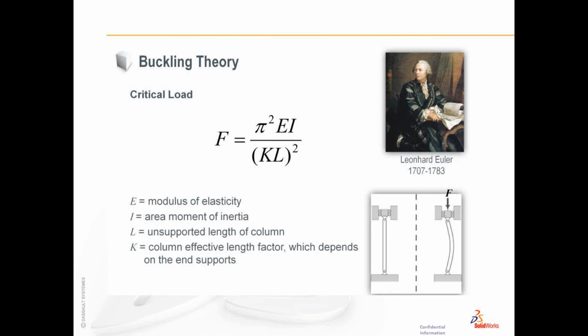But the area moment of inertia describes how the mass in a cross-section of that structure is distributed. And you see again that the buckling force is proportional to the area moment of inertia. So as we increase either the stiffness or the area moment of inertia, we reduce the tendency of the structure to buckle. So the more slender the structure, or the more the mass is concentrated towards the axis, the more tendency it has to buckle.